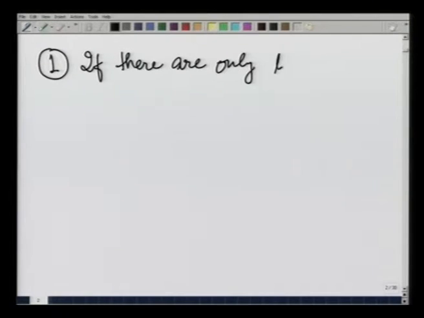Before we start on trusses, I would like to remind you of certain things using the force and torque balance conditions that we have learnt earlier. So, let us see what happens when there are only two or three forces acting on a system. Number one, if there are only two forces.